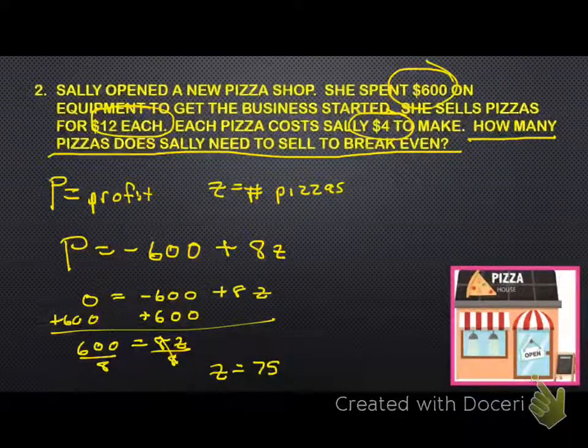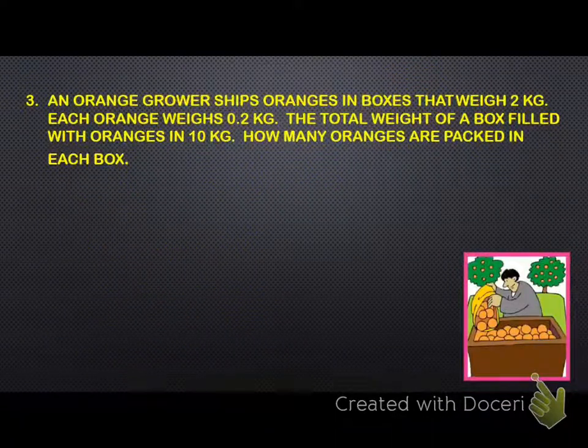Okay, let's do another one. An orange grower ships oranges in boxes that weigh 2 kilograms. Let's go ahead and circle the box weighs 2 kilograms. Circle it as we write.